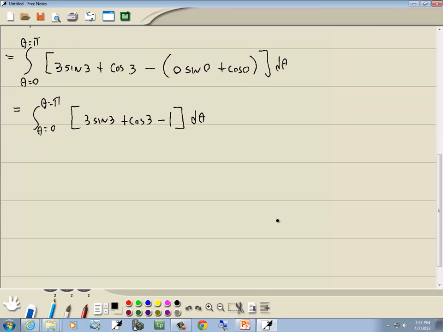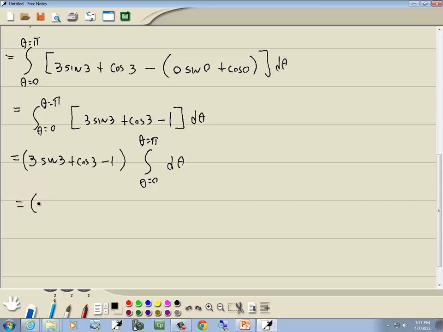Now notice what's inside there doesn't have any thetas at all, so that's a constant. We could go ahead and put that out in front. So we've got 3 sine 3 plus cosine 3 minus 1. It just seems so weird, what I came up with. And then this will be theta from 0 to pi, d theta. Well, there's always an invisible 1 left in here, and the integral of 1 is theta.